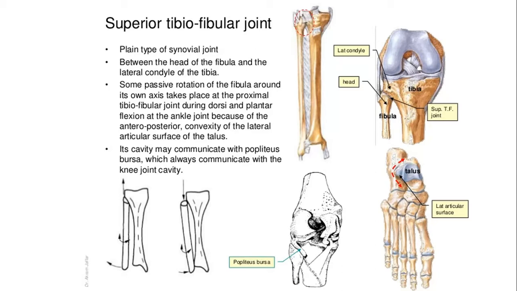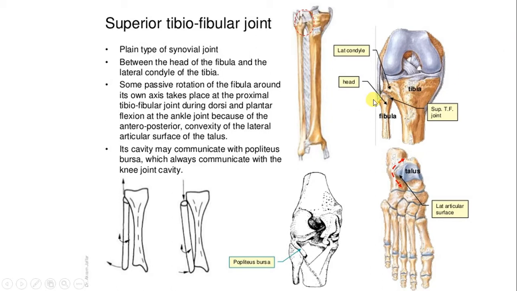And why this? Because the lower end of the fibula at the ankle joint is moving away and towards the lower end of the tibia. So while pressure or weight is produced downward, movement occurs at the superior tibiofibular joint.